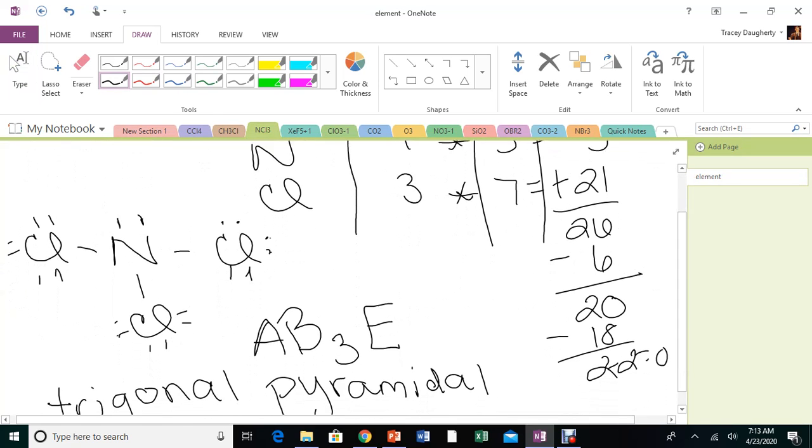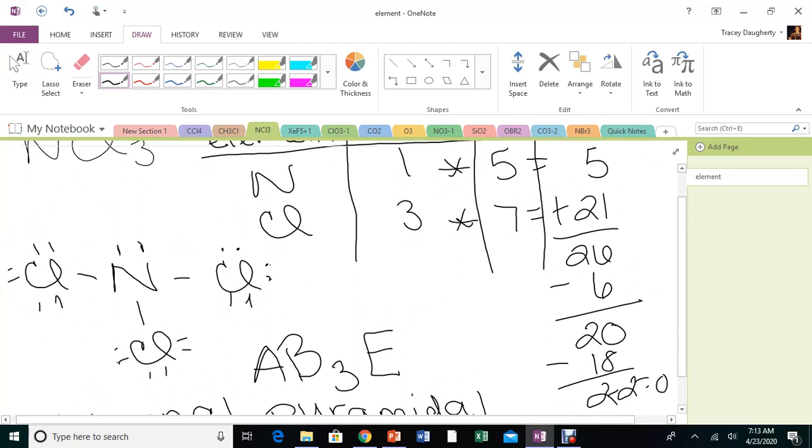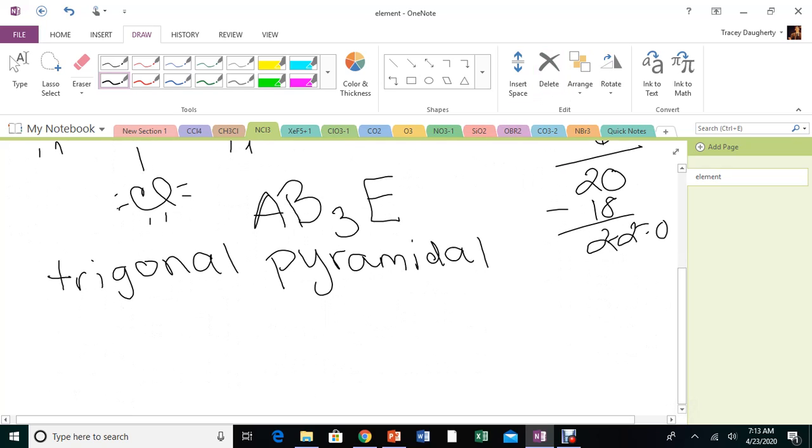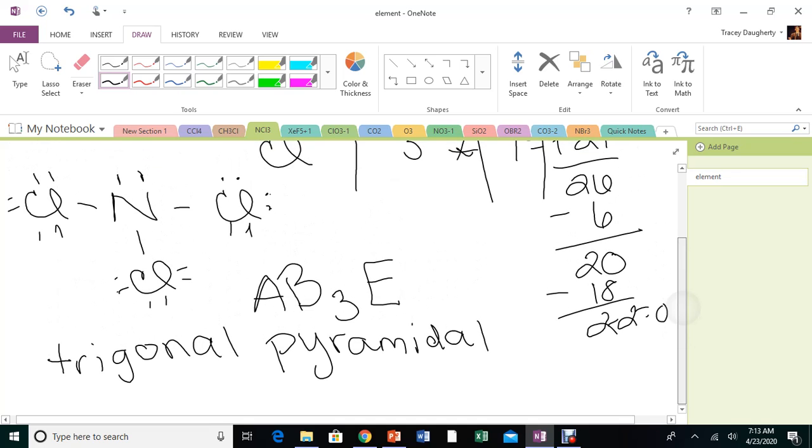NCl3. So you've got a lone pair, and that lone pair is not going to change the hybridization of your molecule.